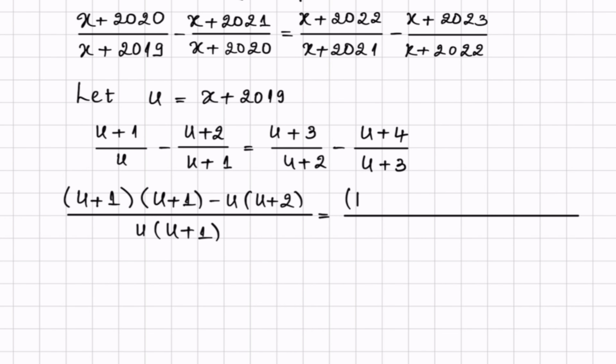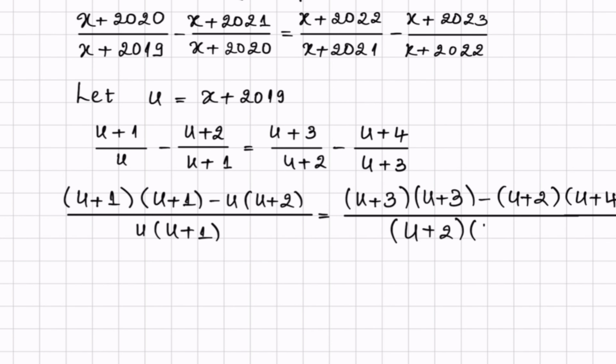So we will get (u plus 3) multiplied with (u plus 3) minus (u plus 2) multiplied with (u plus 4) over (u plus 2) multiplied with (u plus 3).